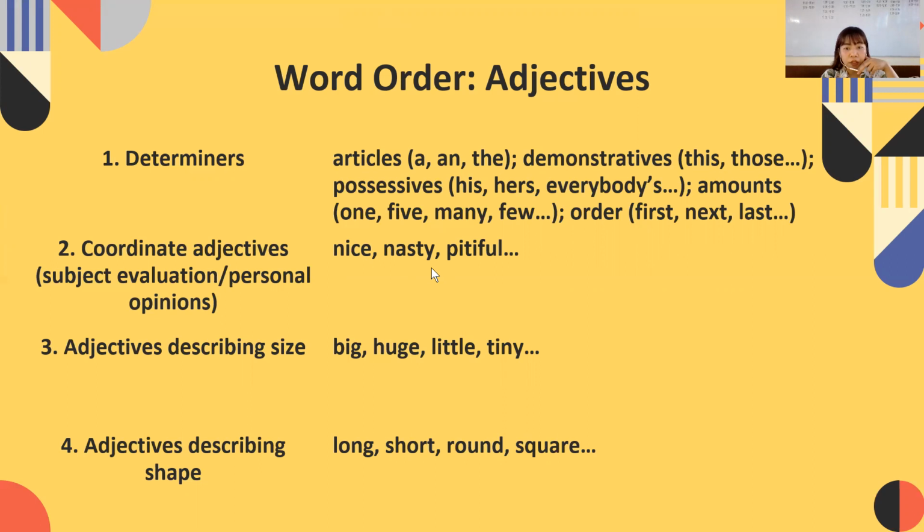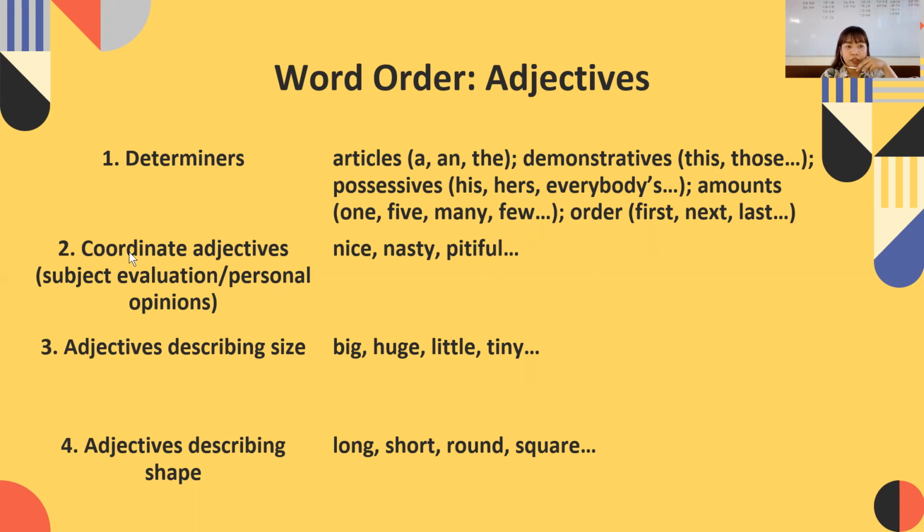For some, it could be beautiful. It could be ugly. It could be pitiful, and so on and so forth. So that is what we call your coordinate adjectives. It could be beautiful, ugly, tiring, excruciating, painful, relaxing, and so on. All those adjectives that you can think of under subject evaluation or personal opinions.